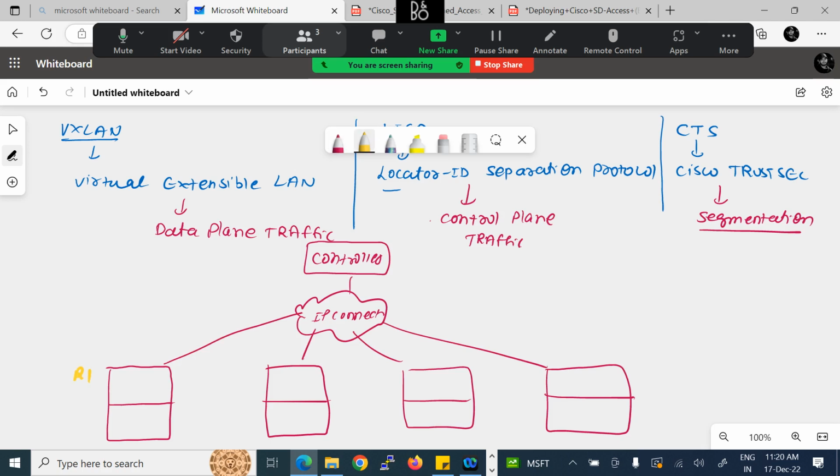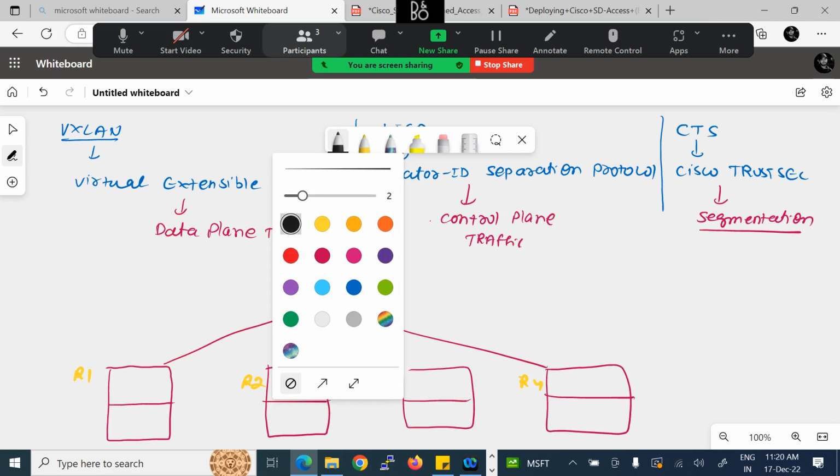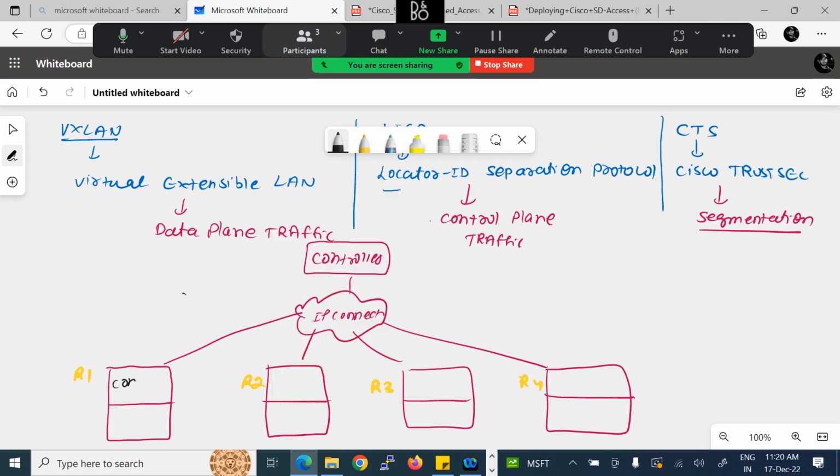This is the control plane, this is the data plane, on each device. All right, Nitesh.